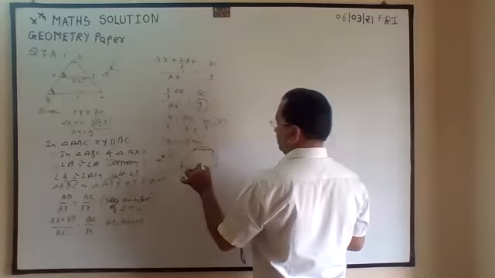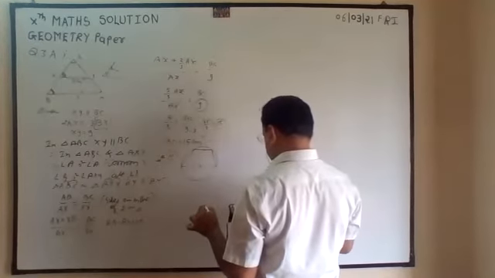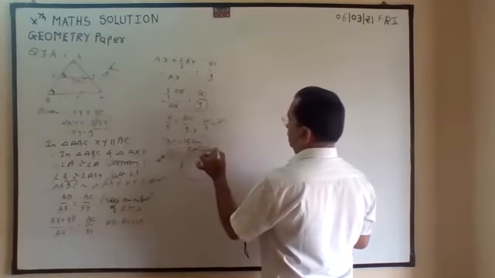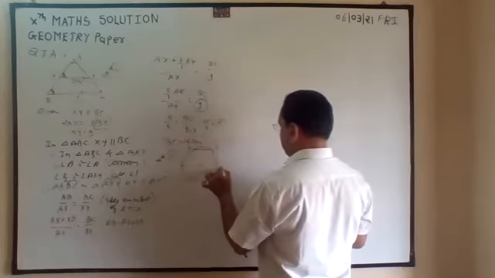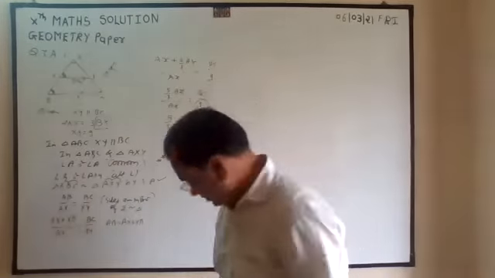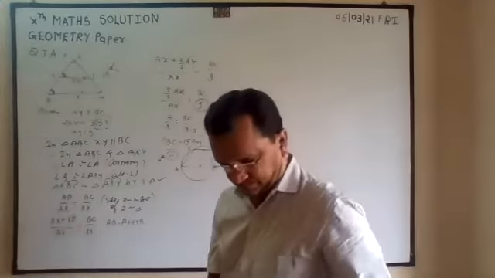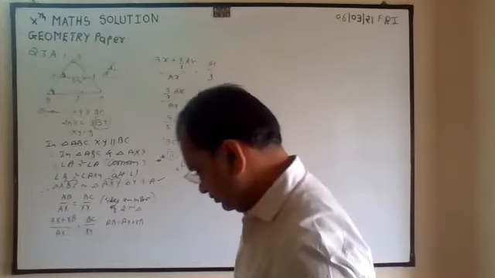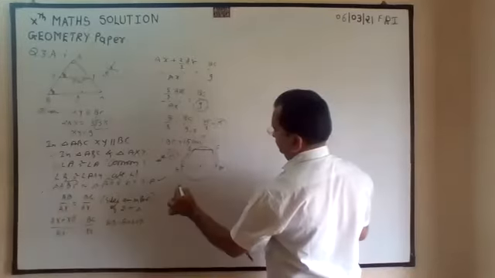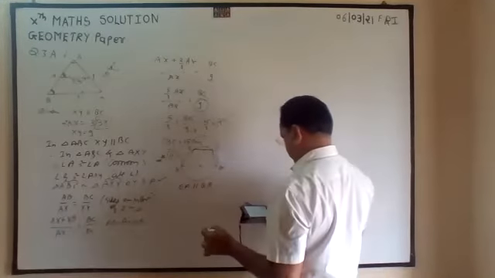They have given this and this are parallel. EF parallel to GH, it is given.